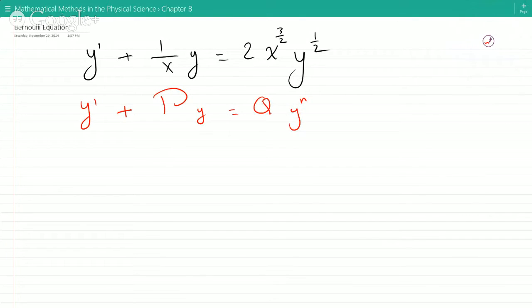This is called Bernoulli's equation, because it's in the form of Bernoulli. So this is Bernoulli's equation.